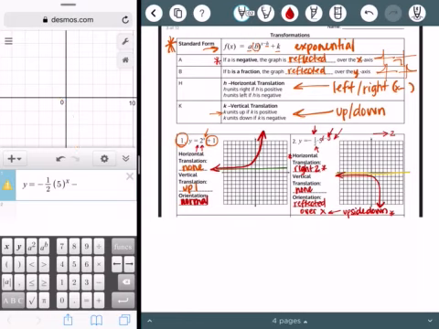Notice how the minus jumped down there. I don't want my minus to be there. I want my minus to be here. So it looks like Desmos needs me to put it in parentheses. So I'm going to jump up here, put x minus 2.